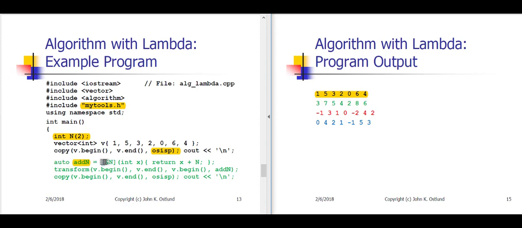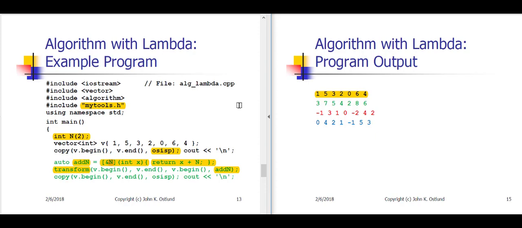Notice that in the lambda, we're capturing the local variable capital N by reference, and this lambda takes an integer argument, which we're calling x, and what this lambda will do when it's called is to simply return the argument that's been passed in plus the current value of n. All right, so now we're going to call a transform algorithm using addN.